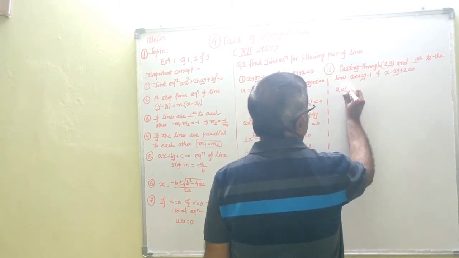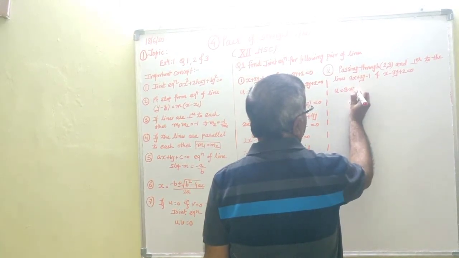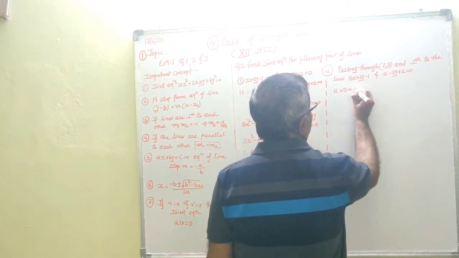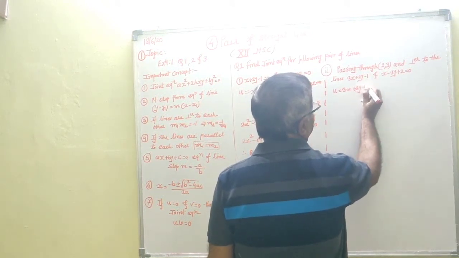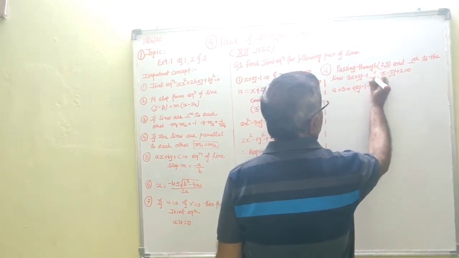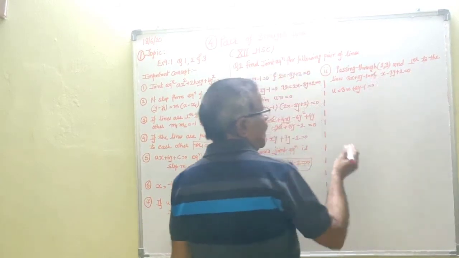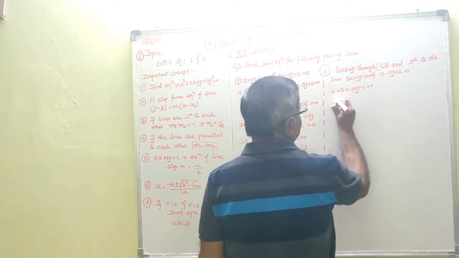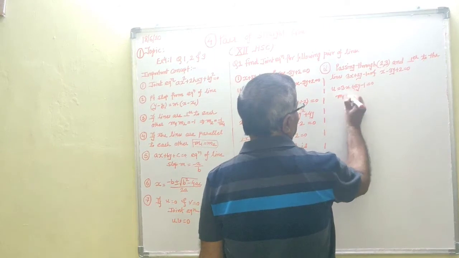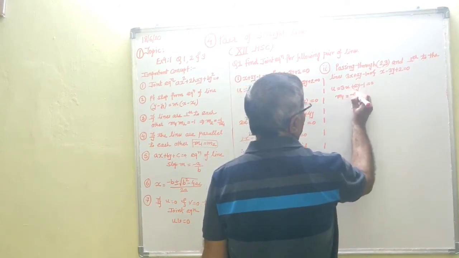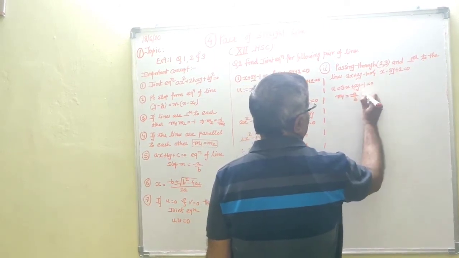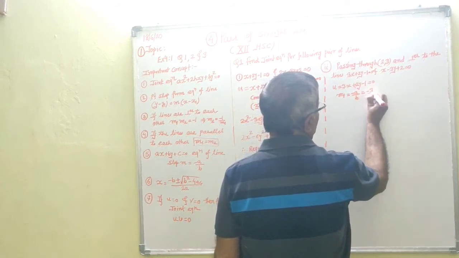This is 3x plus 2y minus 1 is equal to 0. Now the slope of this equation is m1 is equal to minus a upon b, as I already told you, minus 3 upon 2.